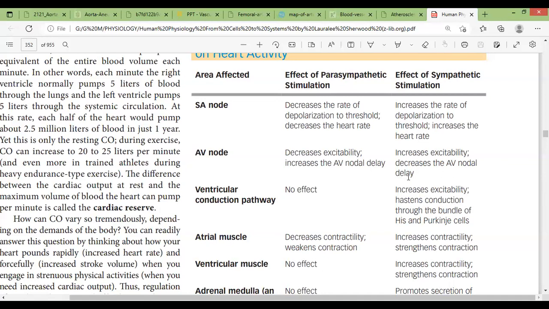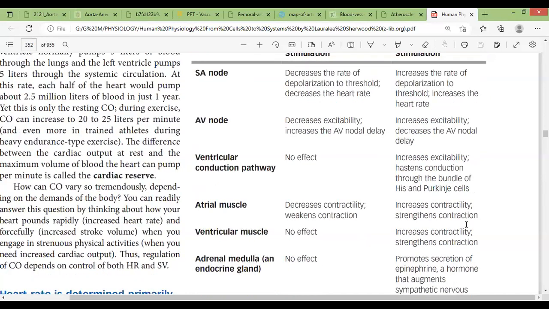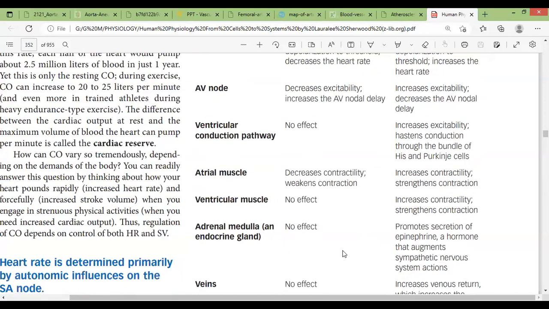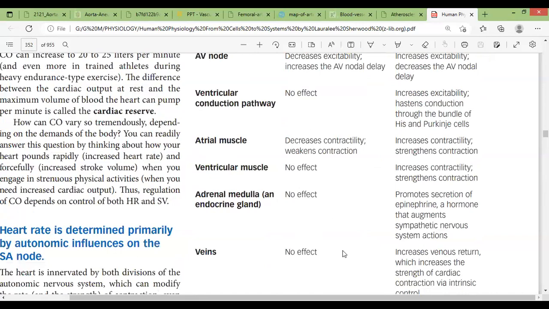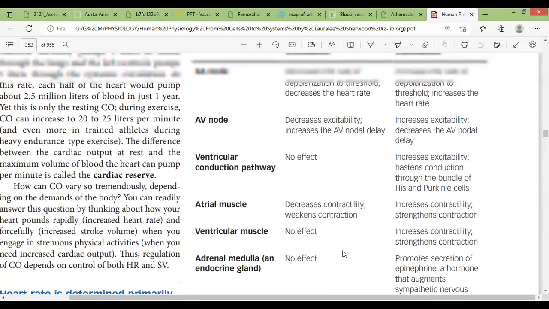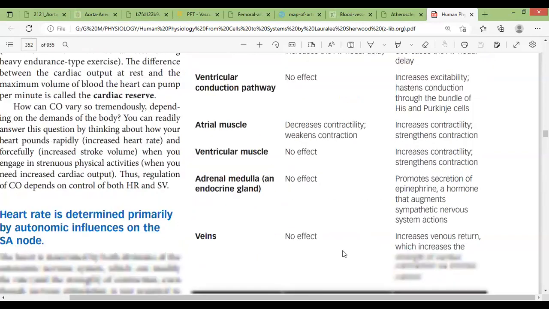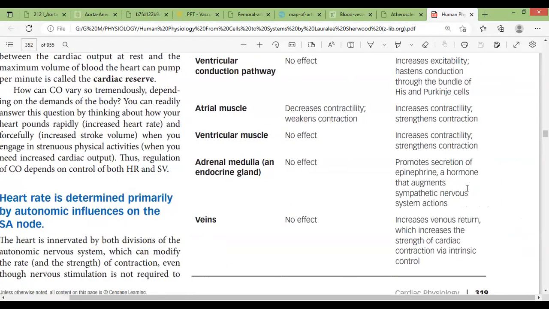Then the sympathetic nervous system also increases excitability of the ventricular conduction pathway. It increases the contractility of both the atria and the ventricles. Norepinephrine also promotes secretion of adrenaline from the adrenal medulla, and results in an increase in venous return, which increases the strength of cardiac contraction.